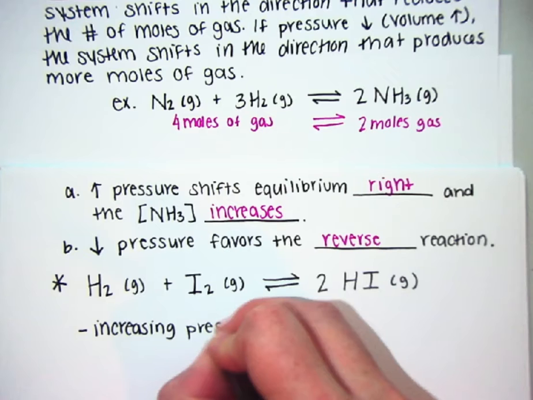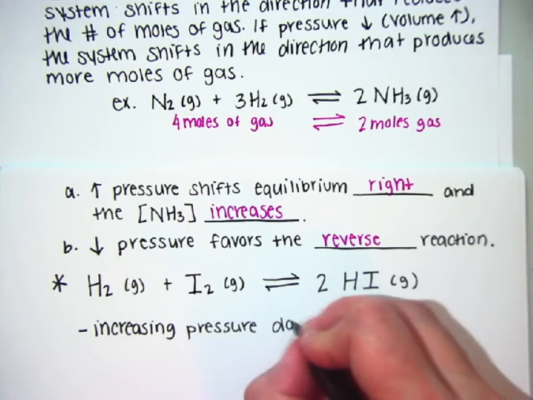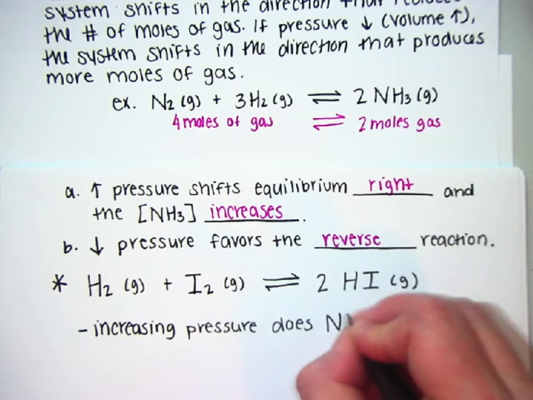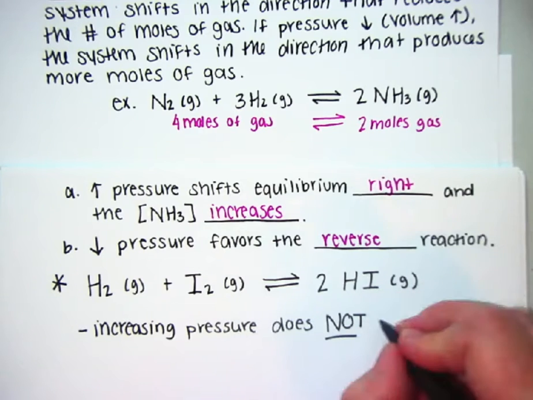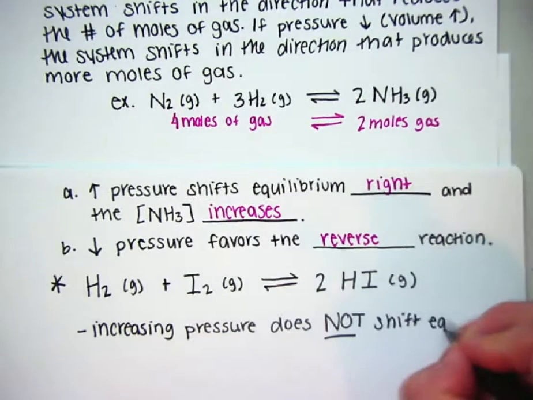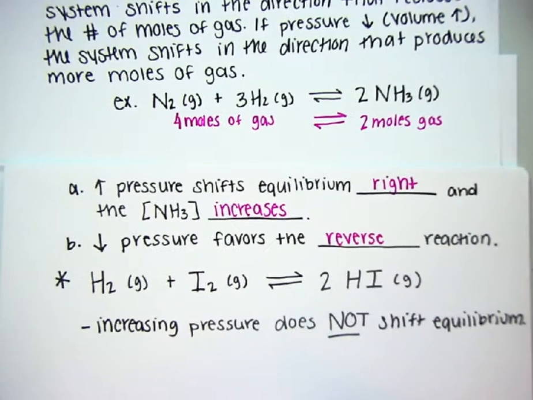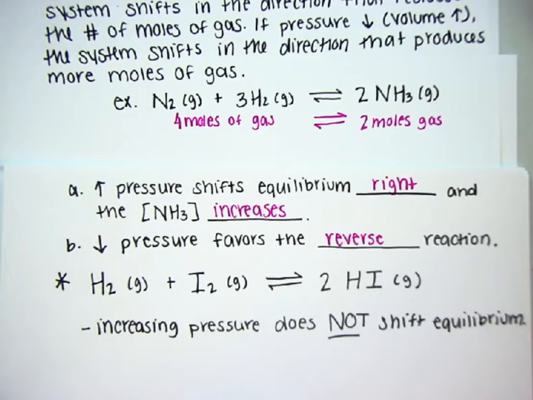Increasing pressure for this reaction does not shift equilibrium. So if I said, what happens when I increase pressure? Your answer would be no shift. It is possible to have no shift.